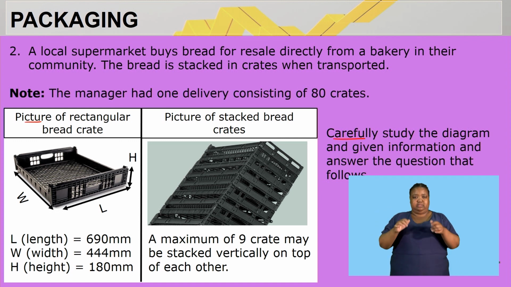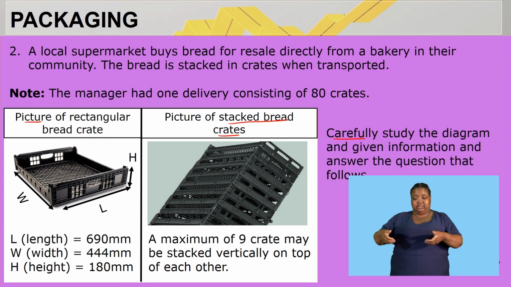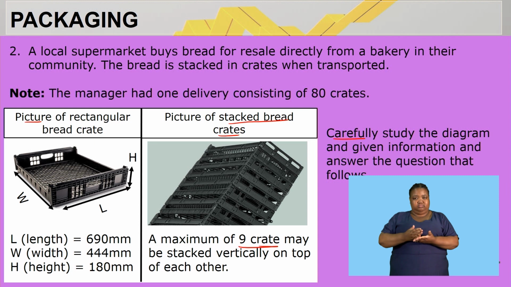Then here on our right hand side, same picture, but now this is stacked bread crates. Can you see now it's actually 9 crates stacked on top of each other. So it says here a maximum of 9 crates may be stacked vertically on top of each other. Okay, so that is what this picture is basically representing here. The 9 crates being stacked on top of each other in a vertical way.